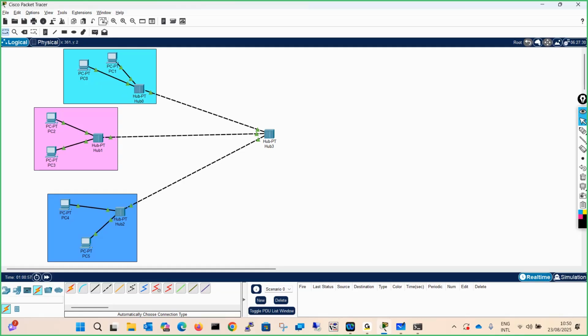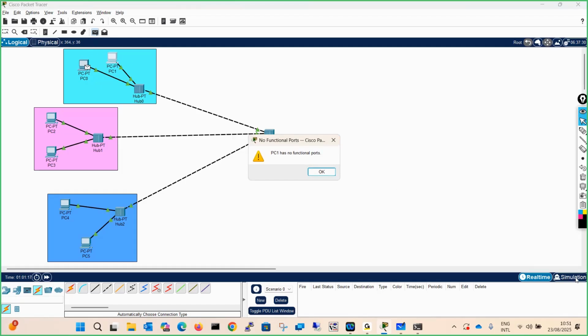Now this network is built, and let's say this PC1 wants to talk to PC0. Okay, and this is connected to this hub. Now let's do one thing, take the packet from here and say that PC0 wants to communicate to PC1.